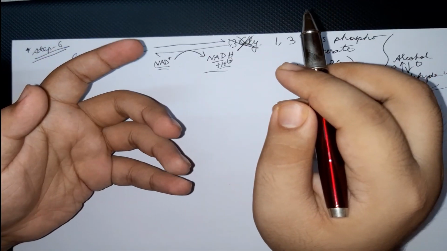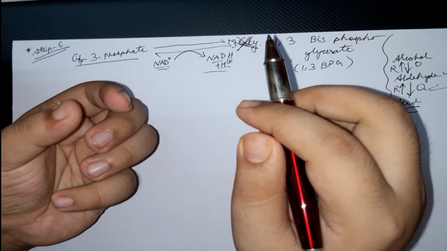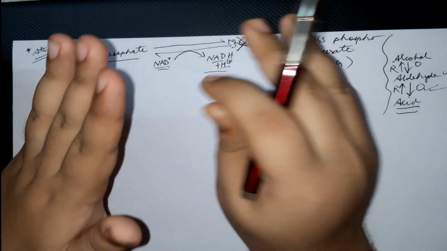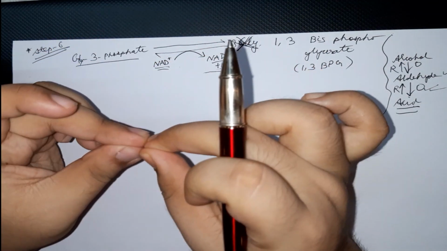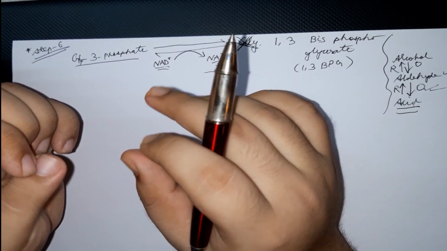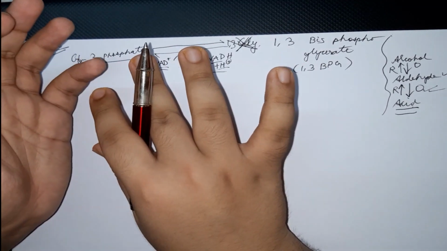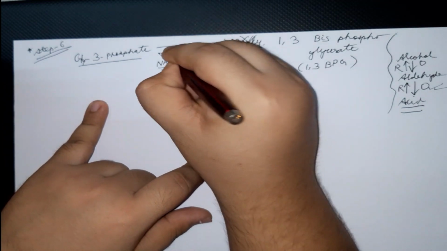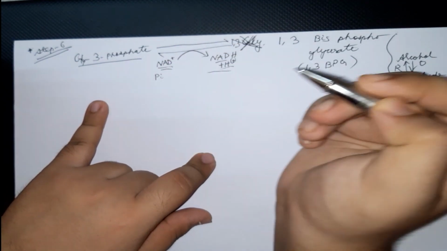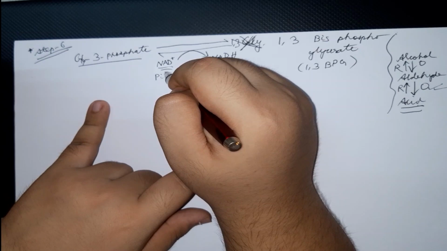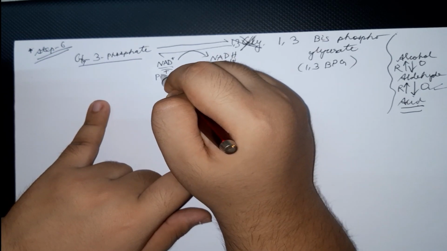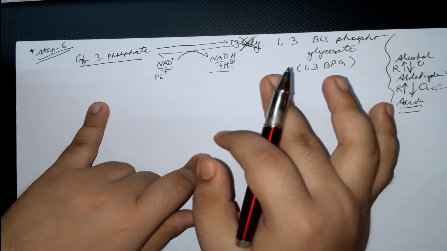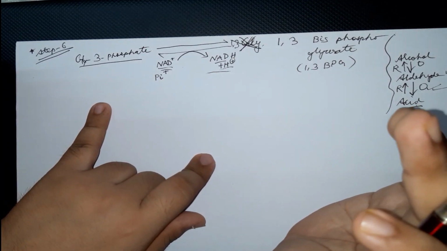Then what is it? Very simple. It's just an inorganic phosphate. It does not have any fixed source. It's not coming from a particular molecule or compound. It's just coming individually. So NAD+ and an inorganic phosphate, both are being added. So this is inorganic phosphate. Alright? It's not coming from ATP because the preparatory phase is over.